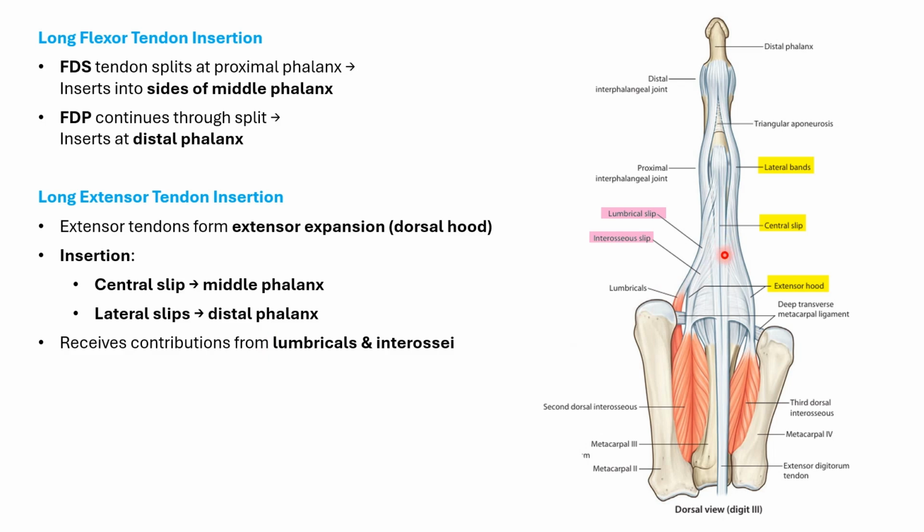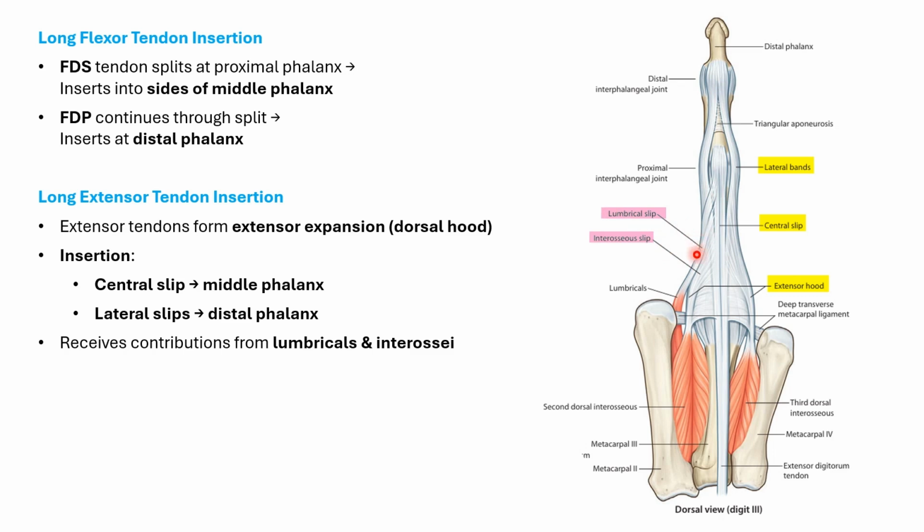You can see this is extensor expansion. It is formed by extensor tendon and it inserts via two slips, central slip and lateral slip. Central slip inserts to middle phalanx and the lateral slip inserts to distal phalanx. Okay, and there are additional slips, lumbrical slip and interosseous slip.